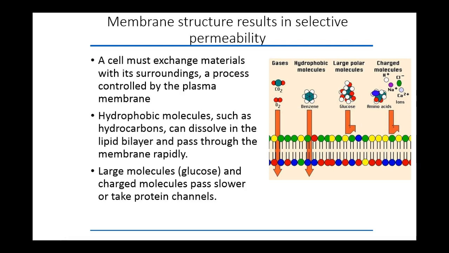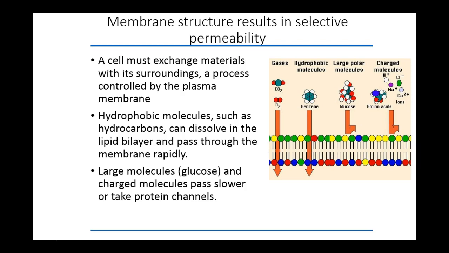In terms of permeability, the cell exchanges material with its outside surroundings. Some things can pass through, some things not. So some things pass through in a passive way. So you think of gases and some hydrophobic molecules. Hydrophobic molecules such as hydrocarbons can dissolve into the lipid layer and pass through.